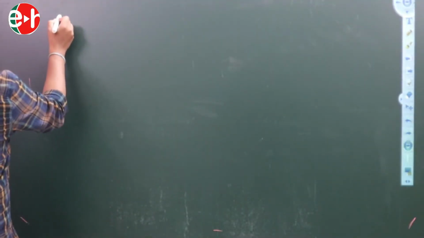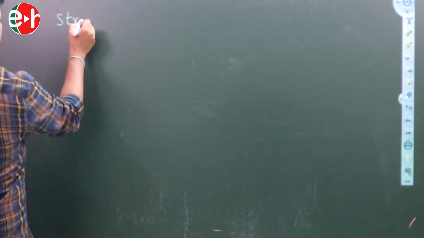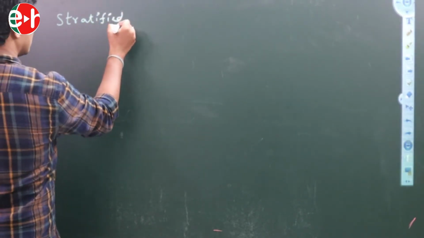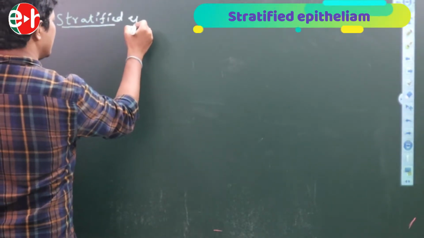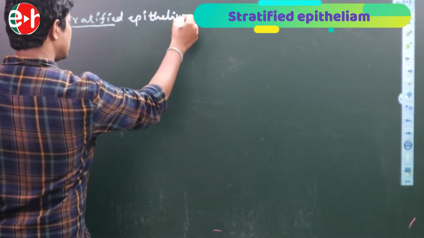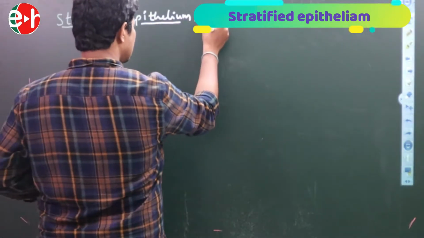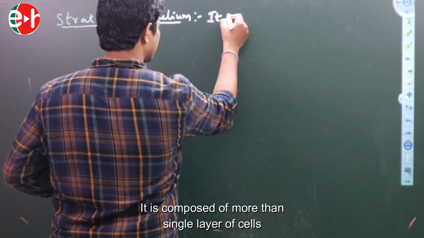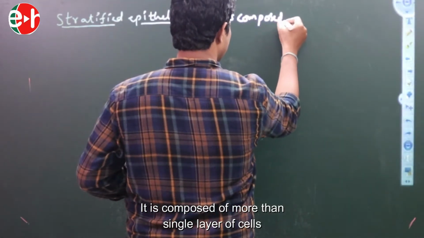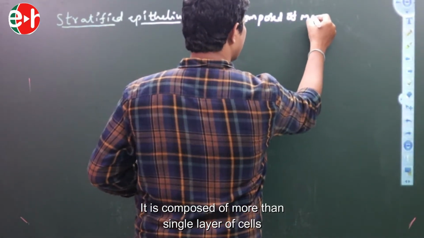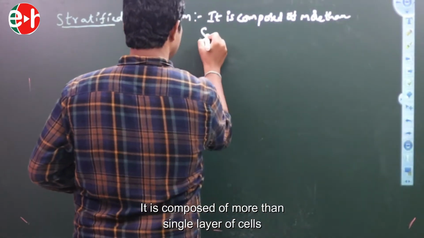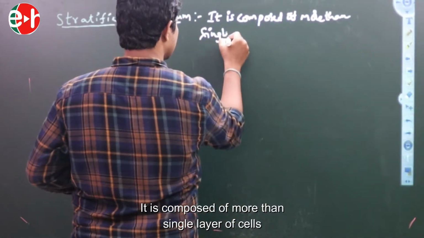Next is stratified epithelium. Stratified epithelium is composed of more than a single layer of cells.